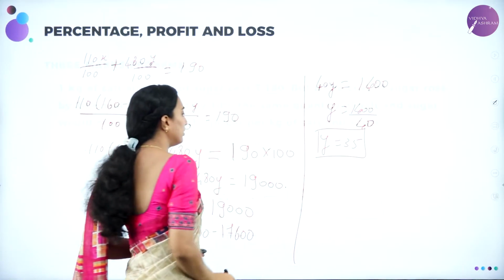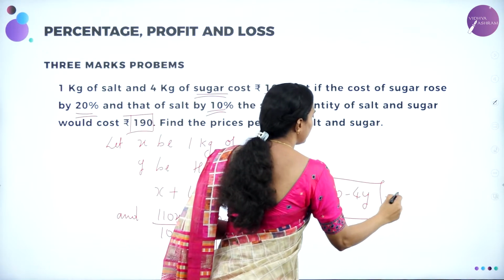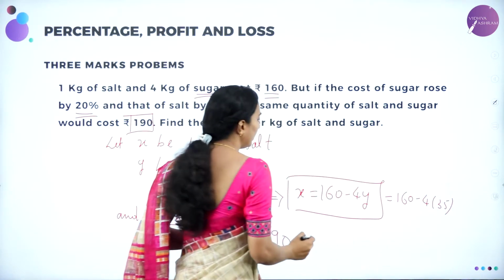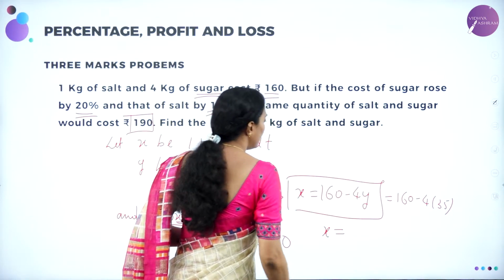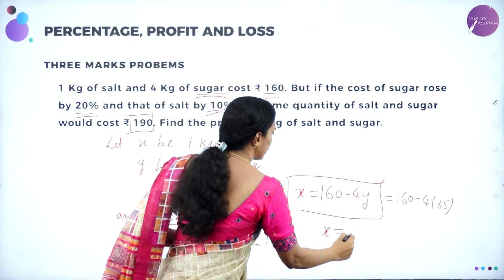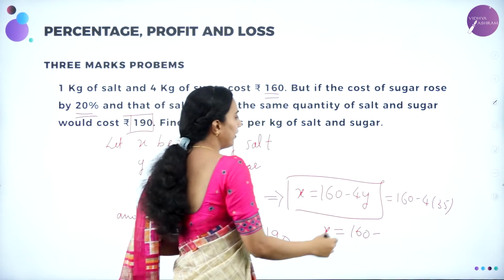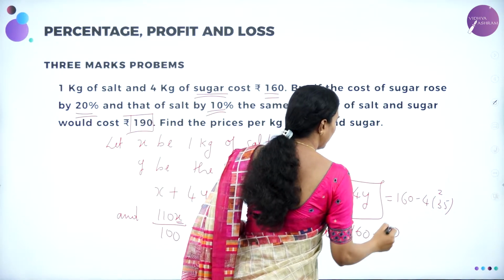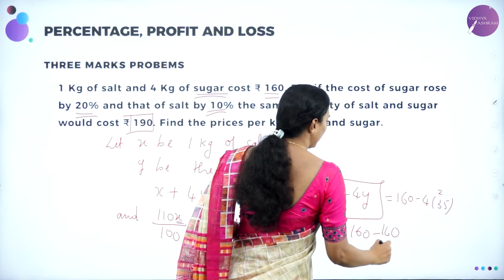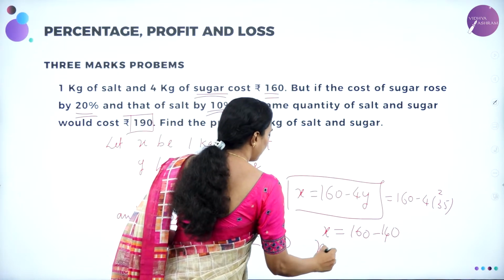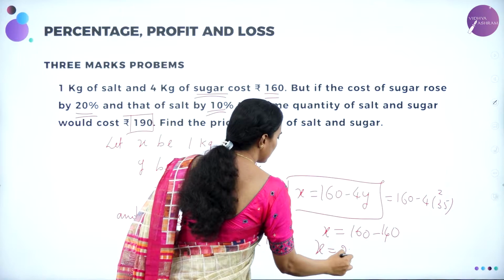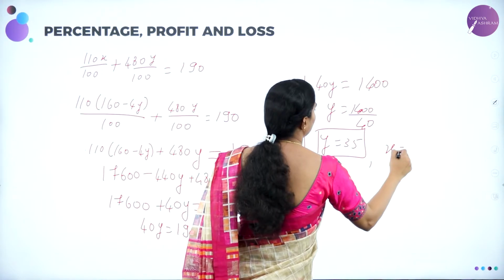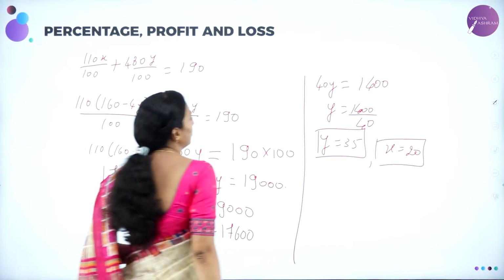Now if y is equal to 35, what is x equal to? x will be equal to 160 minus 4 into 35. 4 5s are 20, 2 is the carry, 4 3s are 12 plus 2 is 14, so you have 140. 160 minus 140 is 20. So x will be equal to 20 and y will be equal to 35.